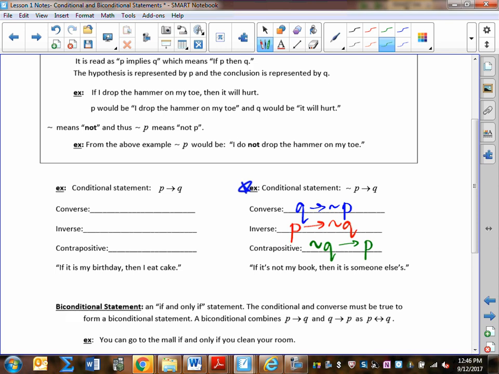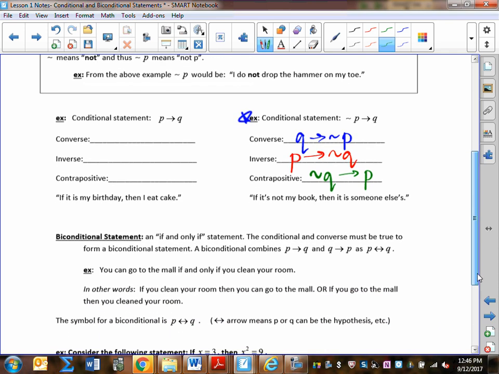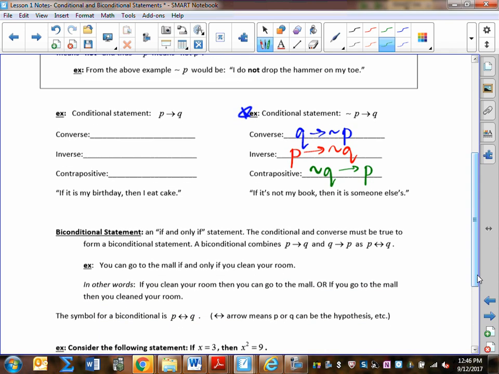But now let's talk about what a biconditional statement is. This is just one additional thing. You'll notice it has the word conditional in it. And biconditional, think bicycle has two wheels. Biconditional goes two ways. It goes both ways. So it is an if and only if statement.